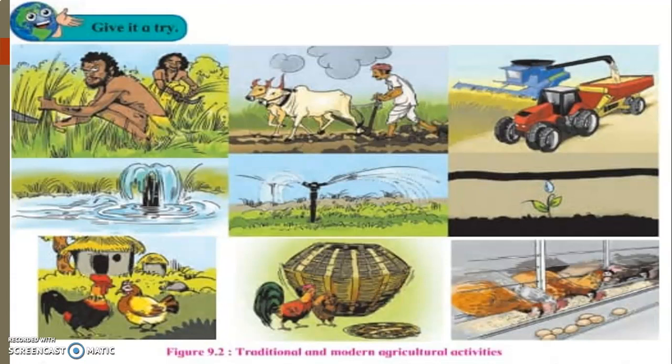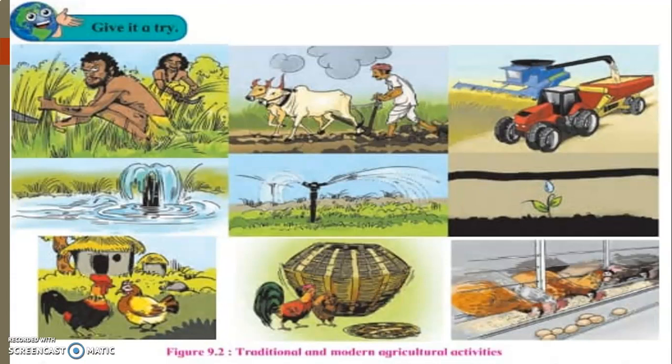Okay, now there's another picture which has been given to you, which is on page number 53. Now here you can see there are various different pictures which are merged. The first picture is of a primitive man, or the man who used to wander in the forest from one place to another. Second picture is a farmer plowing in the field. Third picture you can see is today's modern technology which has been used in the field.